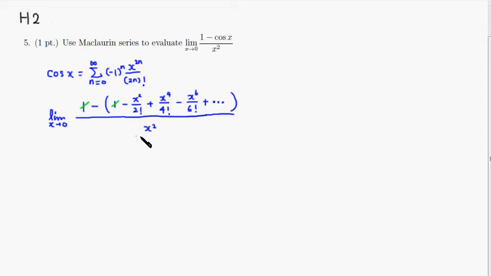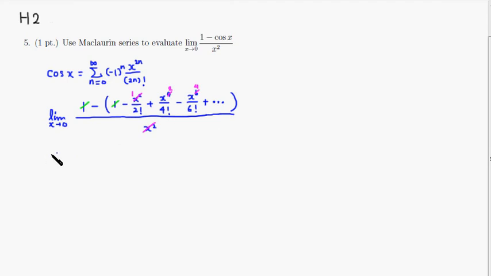Every single term has at least x squared in there, so we can cancel those. x squared with x squared gives you 1, and x to the 4th divided by x squared becomes x squared, and same here, it's going to be to the 4th power, and so on.